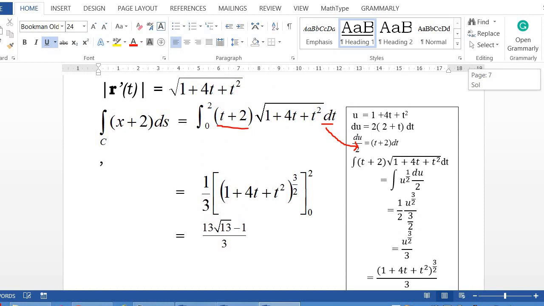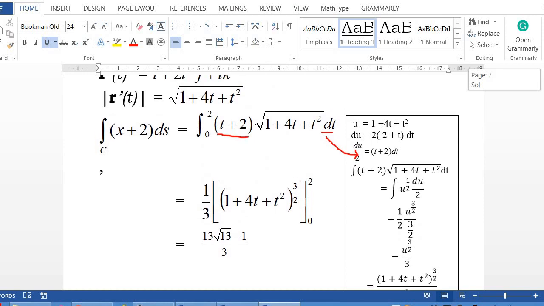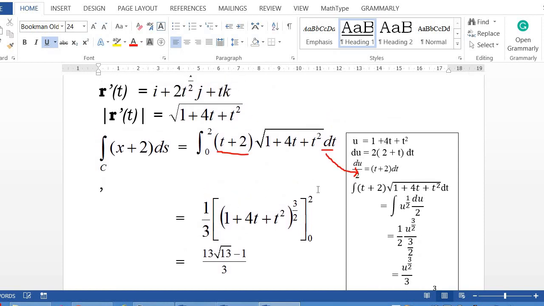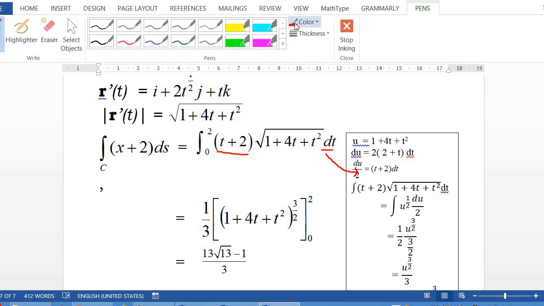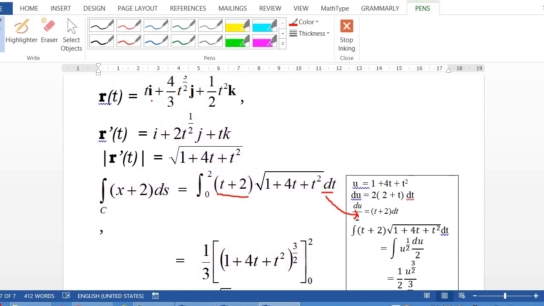Here x is t, integrate from 0 to 2, and ds is the square root of 1 plus 4t plus t squared.